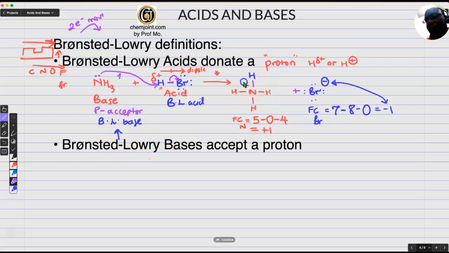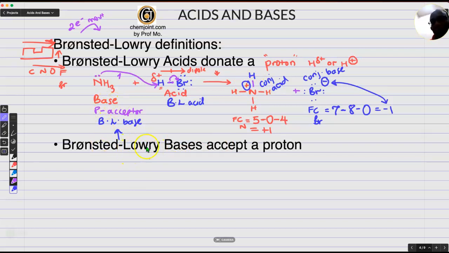The ammonium ion here is going to be the conjugate acid because it came from the base, and then the Br- is going to be the conjugate base. It came from the acid, and it's a base because of the negative charge. This is an acid, of course, because you have a positive charge, which is an indication of an acid.